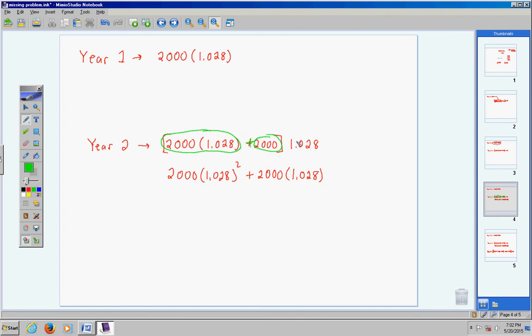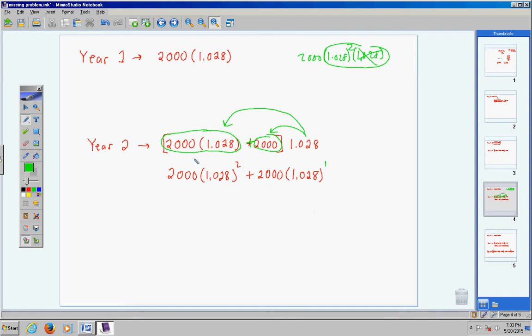If you took 1.028 and multiplied it by this, you would have 2,000 times 1.028 times 1.028, which is the same thing as 2,000 times 1.028 to the second power. Then if you multiply this times this term, you have 2,000 times this. Maybe I'm seeing a pattern here. 2,000 times this, power of 2. 2,000 times this, power of 1.